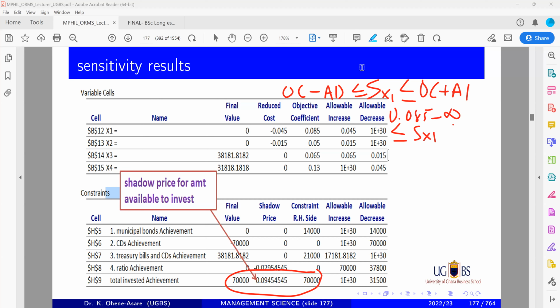For X1, less or equal to 0.085 plus 0.045. Okay, what will be the final answer? The final answer will be 0 is less or equal to the sensitivity range for X1 less or equal to 0.13.